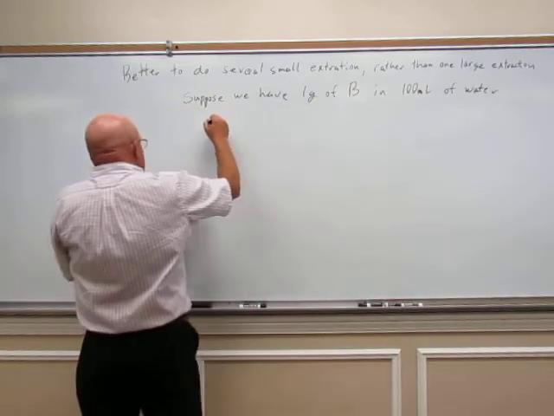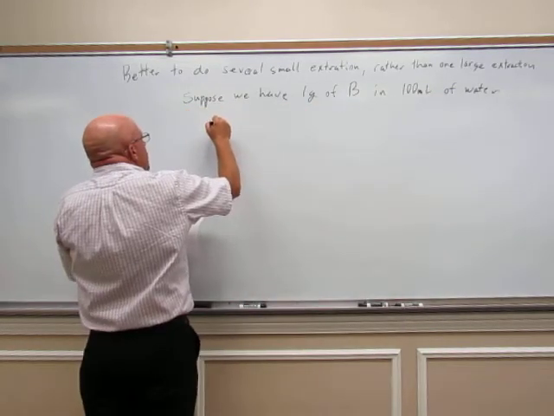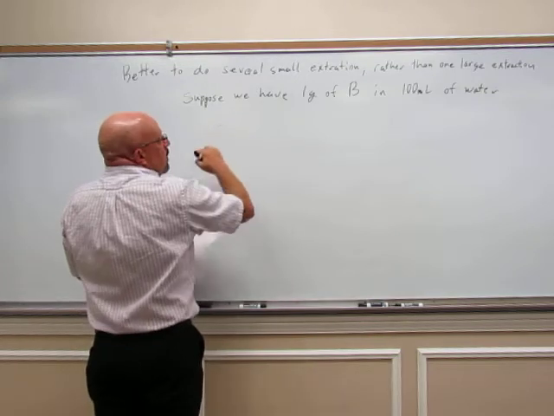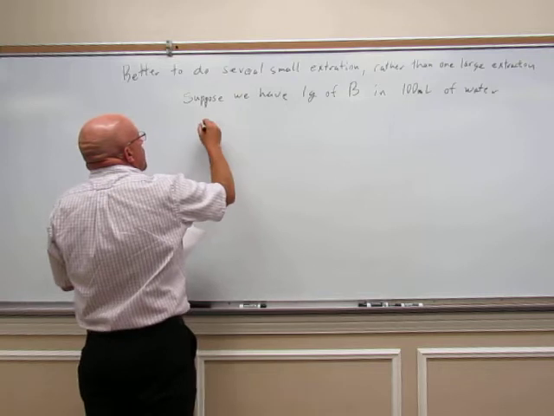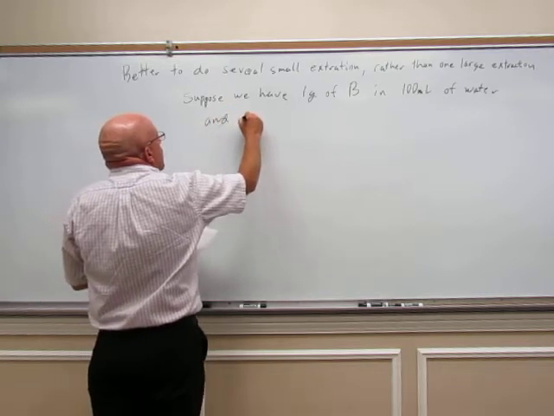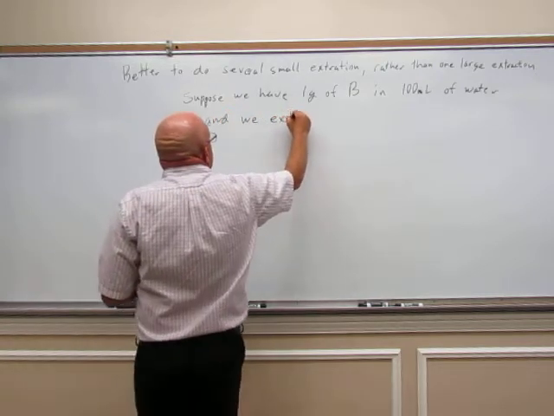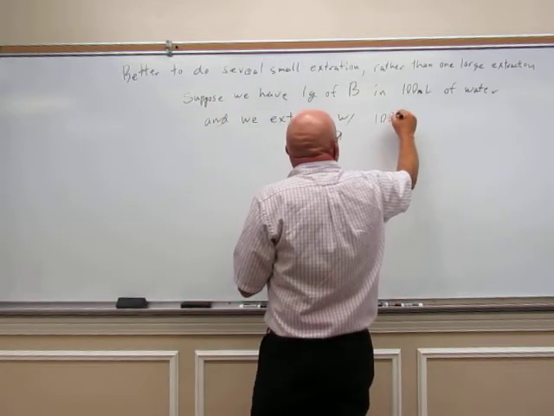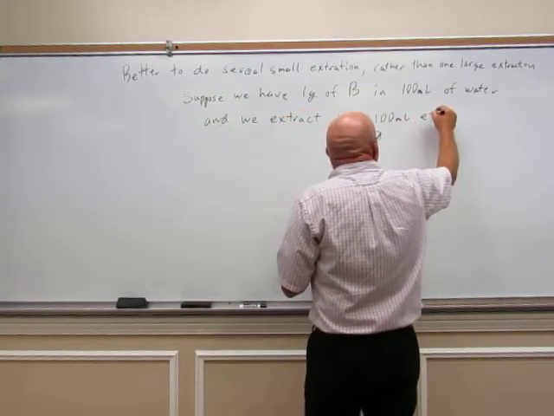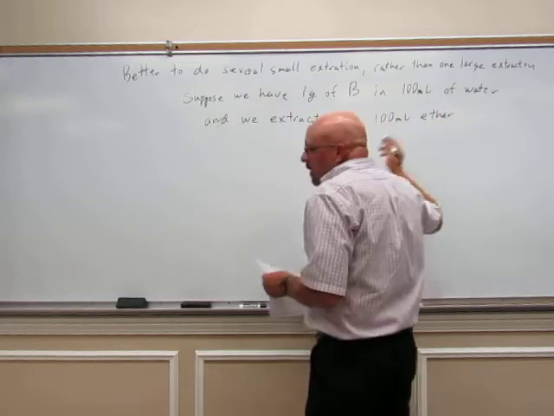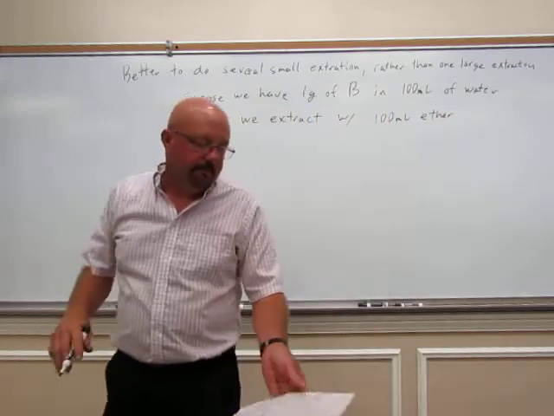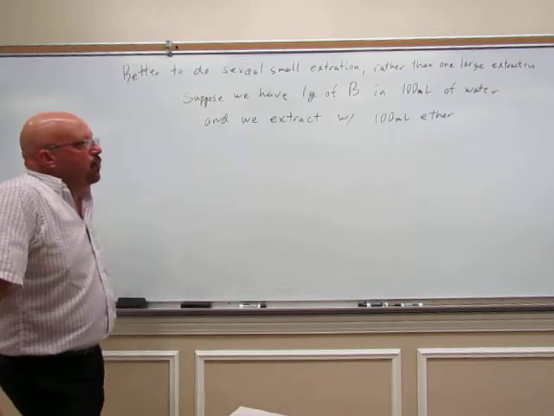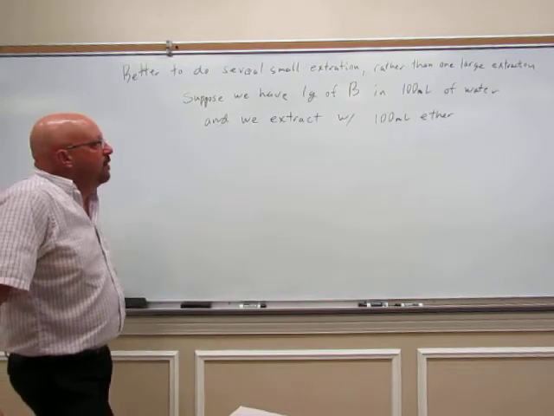And let's say we are going to extract with 100 milliliters of ether, the diethyl ether. I'm just going to abbreviate it ether for short. Let's see how much we would extract with the ether.